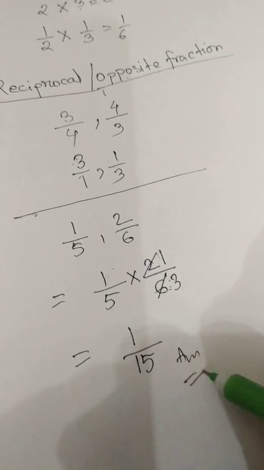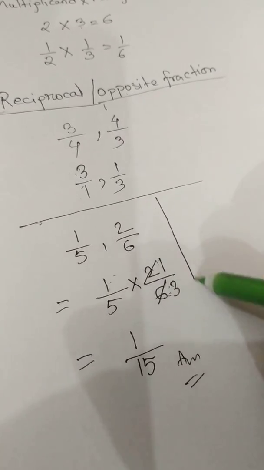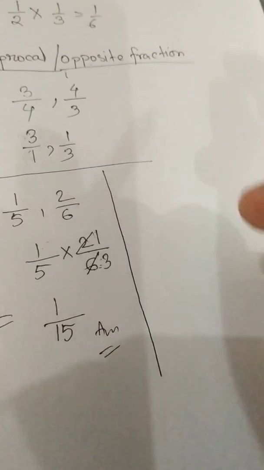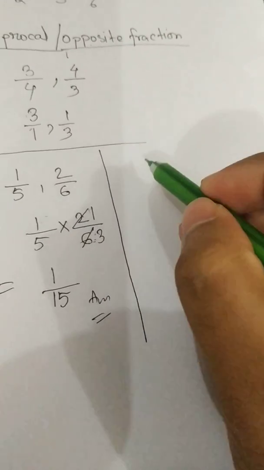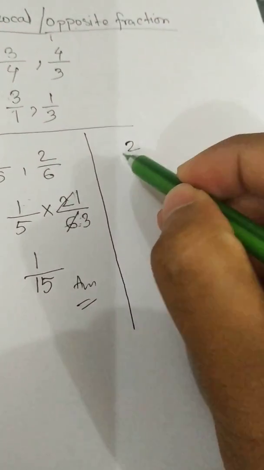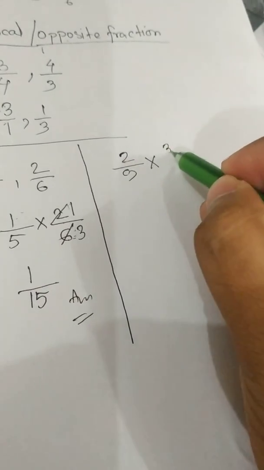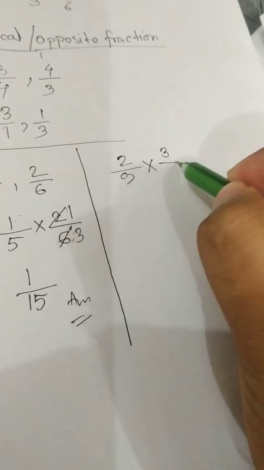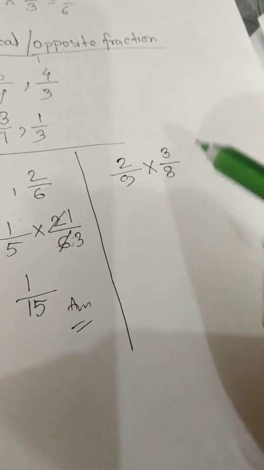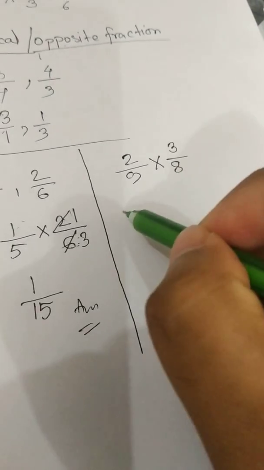Okay. So let's consider more fractions, because you need to understand different types of examples as well. Let's say 2 by 9 into 3 by 8.